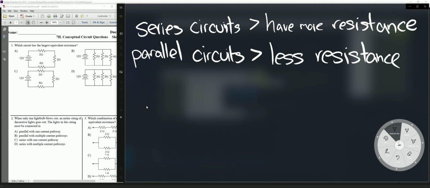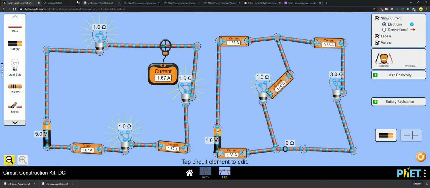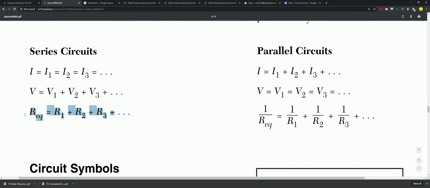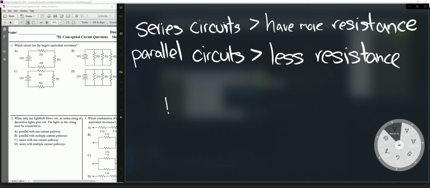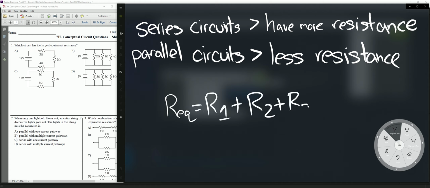And you know that in series circuits, equivalent resistance is R1 plus R2 plus R3. So R_eq is equal to R1 plus R2 plus R3.